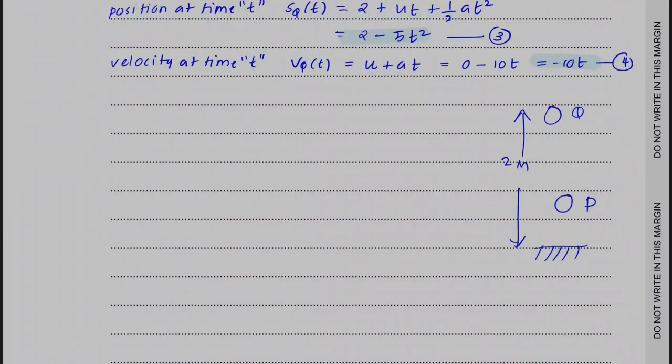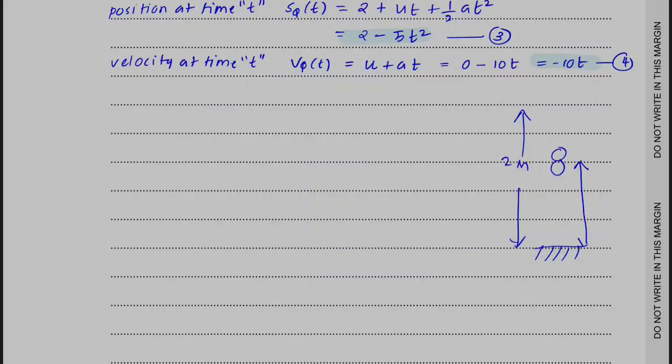So particle P is at a height of 1 meter. Now when q is released and P is projected upwards, both of them will reach a specific point during the collision or just before the collision. So let it be this point. Both of them are colliding with each other, and we need to find the velocity at this particular point.